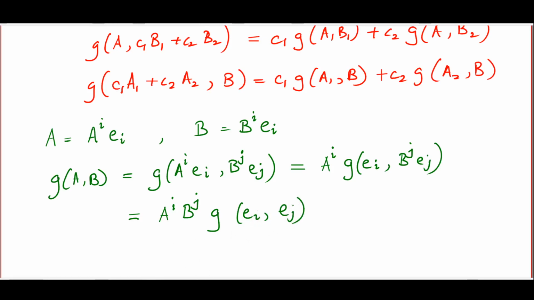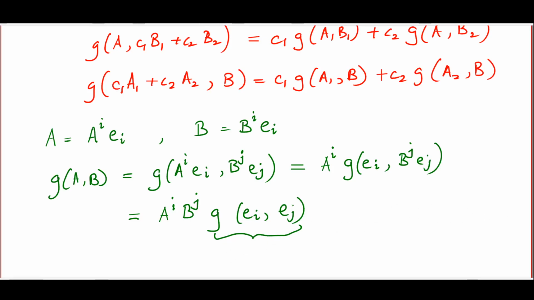And if you compare this with what we did for the covector case, it should be obvious that the map G is completely determined if you tell me what G does to the basis vector pair e_i, e_j for all pairs. And so this particular quantity essentially tells you what the map does, or not really this particular single quantity, but all such numbers which come from using all possible pairs of e_i and e_j.